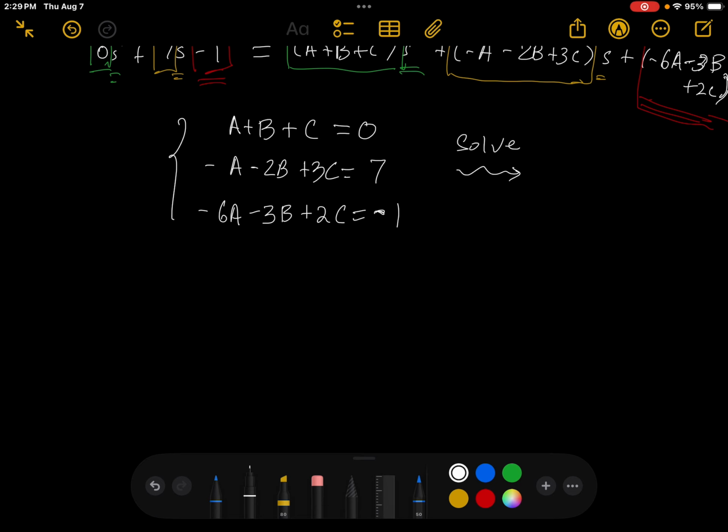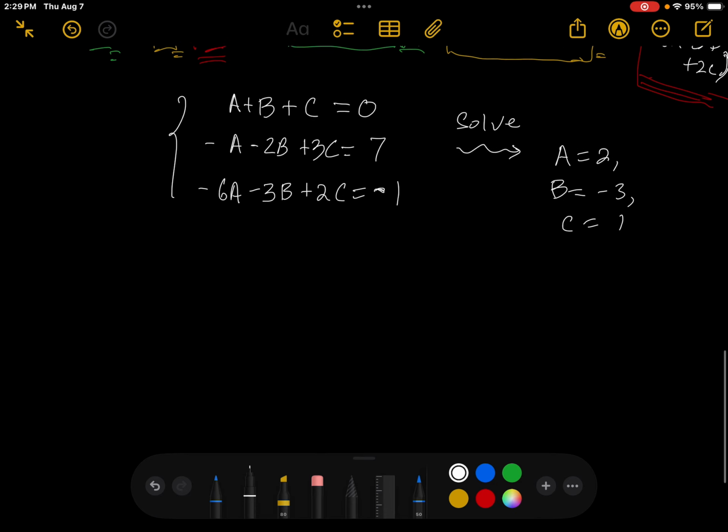I'm not going to write out the steps of solving this because I'm assuming that we know how to do this and I want to focus on the big picture. When you solve it, you get a is equal to 2, b is equal to negative 3, c is equal to 1. Well, those are our constants.